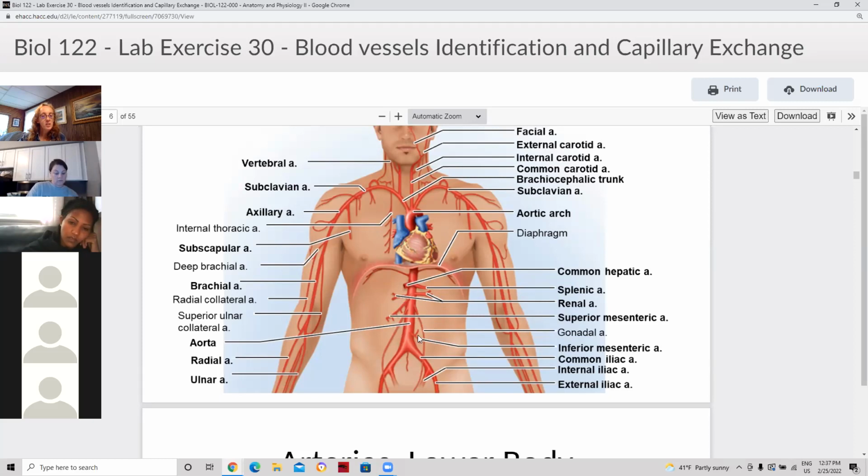The inferior mesenteric is going to do the bottom part of the intestines and part of the left side. The gonadal arteries are going to the gonads.